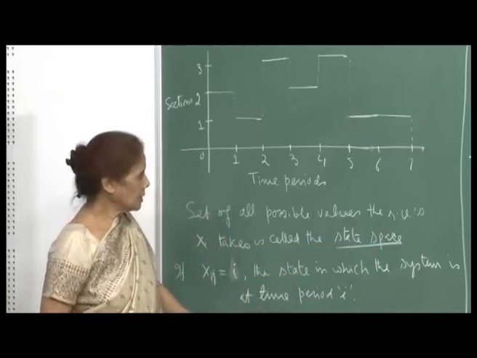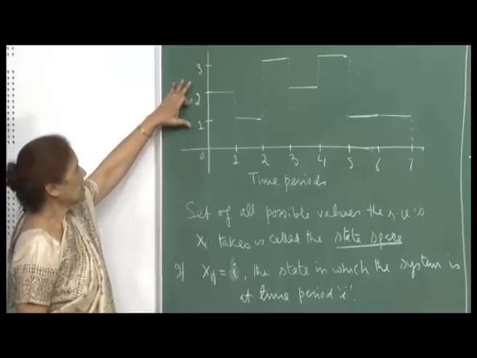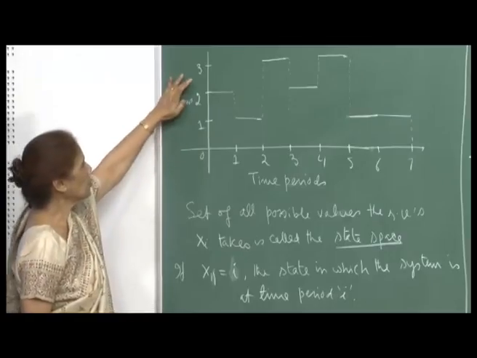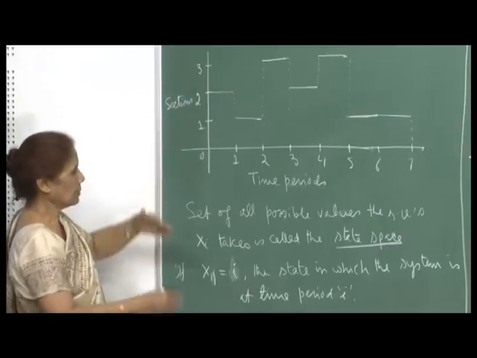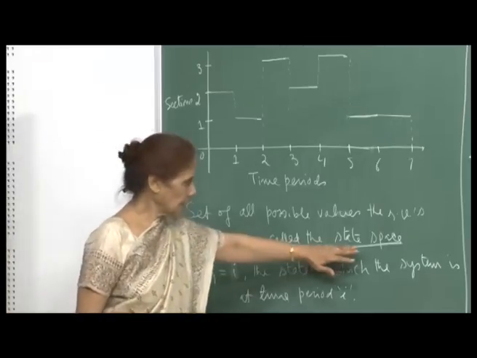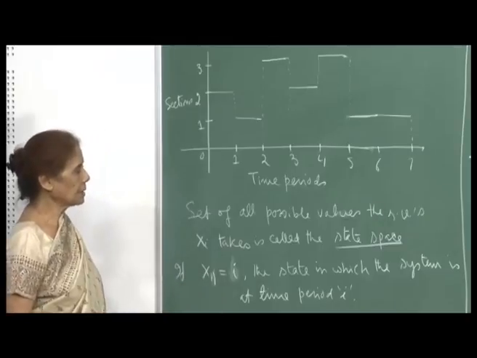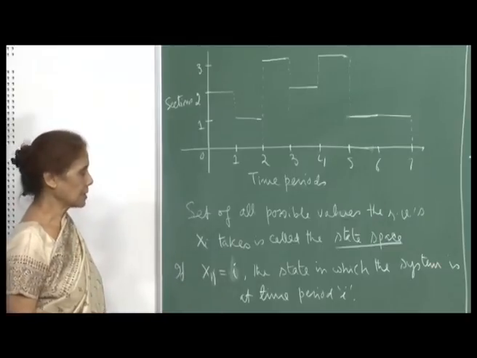So the possible values in the state space we describe by numbers. For example, here the 3 sections I numbered as 1, 2, 3. It is easier because otherwise you can't go on writing the possible values that the state space contains. It may be different things, so we can just distinguish them by the numbers.